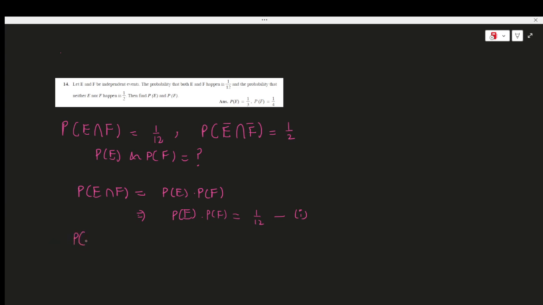Similarly, P(E' intersection F') will be P(E') multiplied by probability of F'.